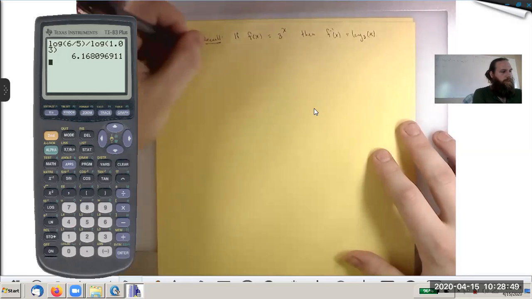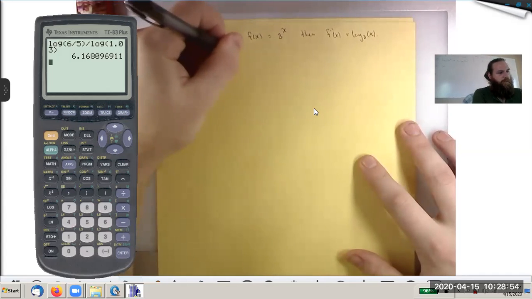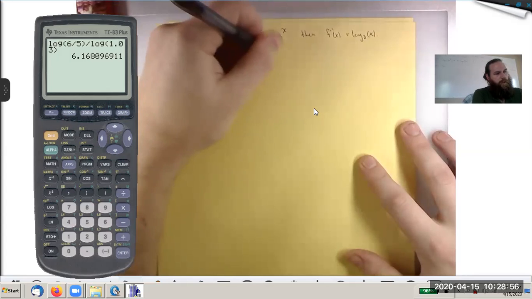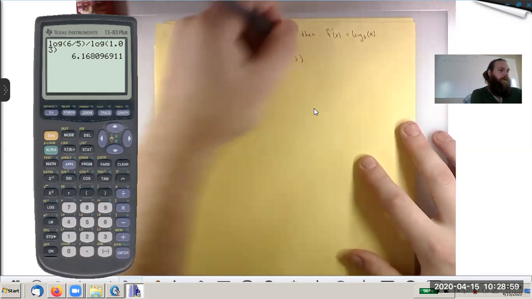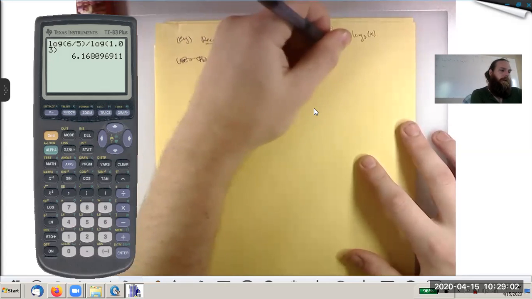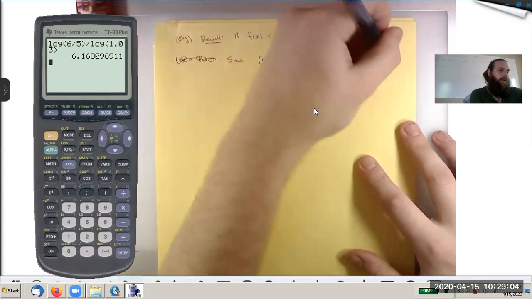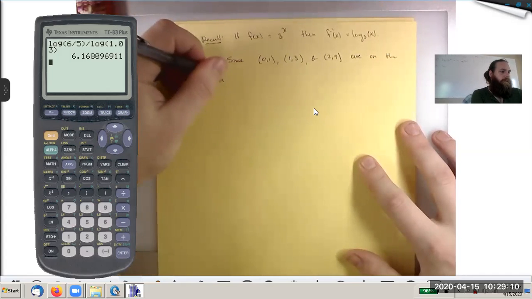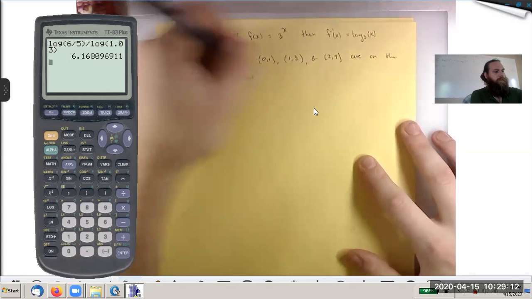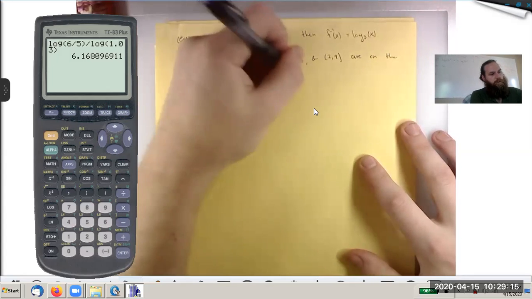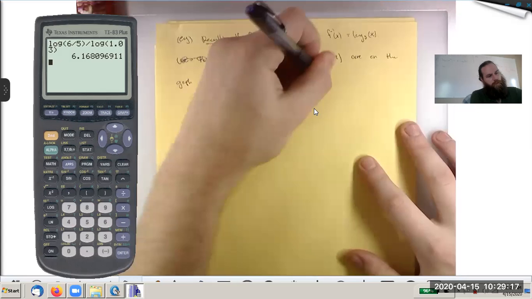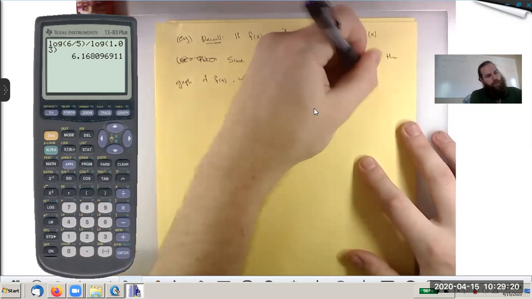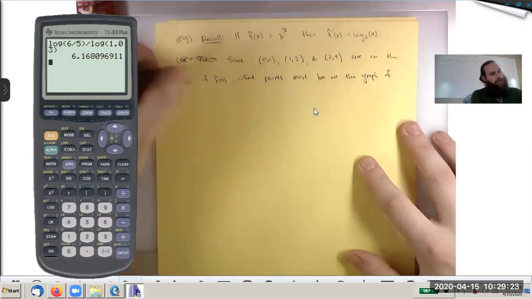Use the info, let's say like this. Since (0, 1), (1, 3), and (2, 9) are on the graph of f of x, what points must be on the graph of f inverse of x?